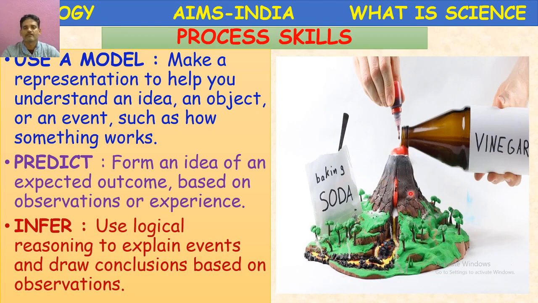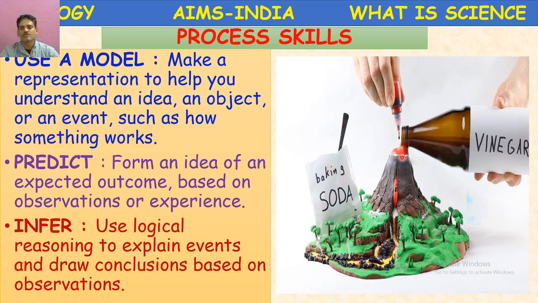Volcano model is prepared with clay. Then in that baking soda and vinegar is added. When baking soda and vinegar chemical reaction takes place, that fluid oozes out, just like some color is added, so that it appears like lava, red color.